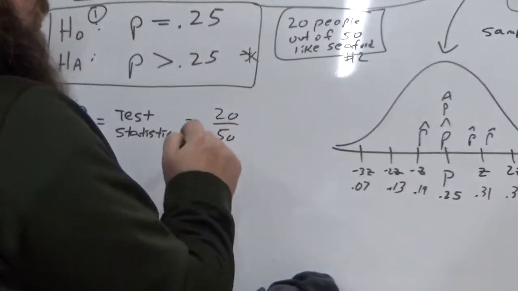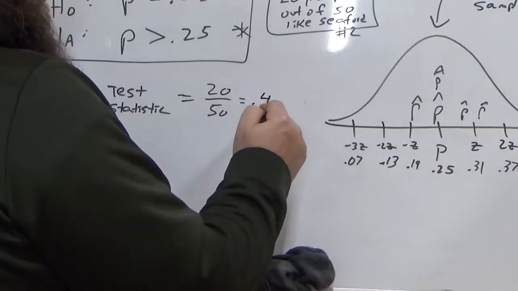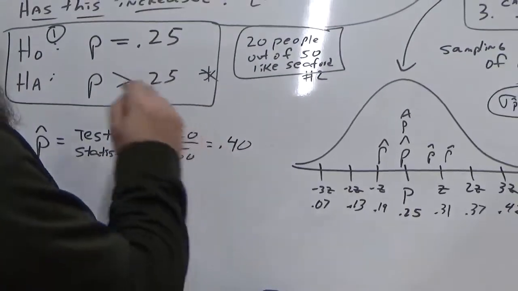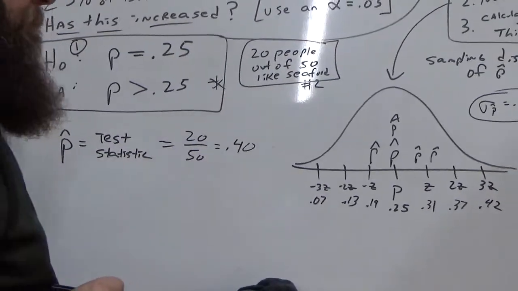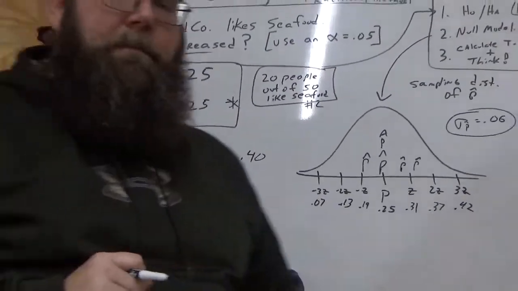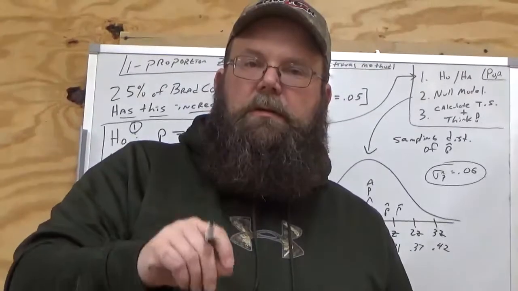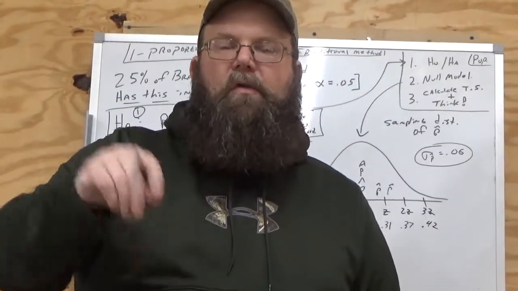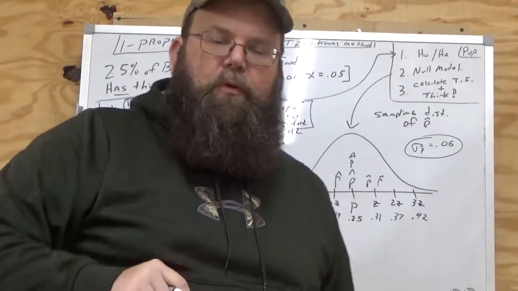20 out of 50 is the same as 2/5, which is 0.4, or if you like 0.40, to be consistent with the two decimal places up here. So this p-hat from our sample is 40%.